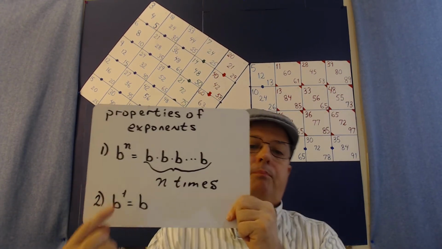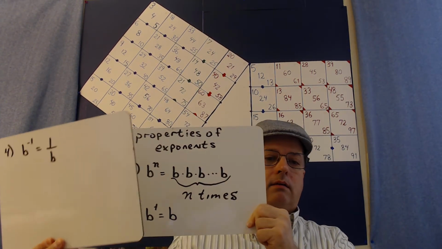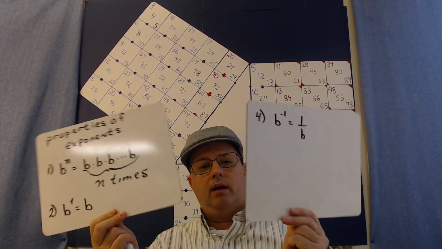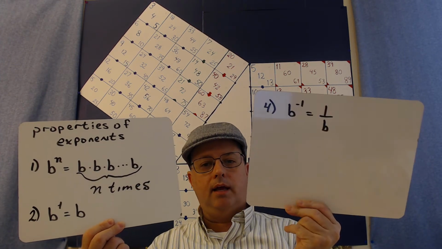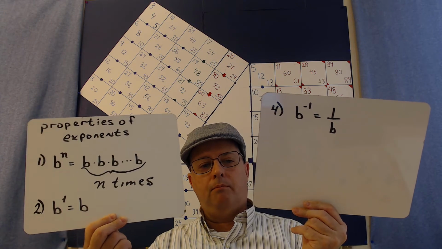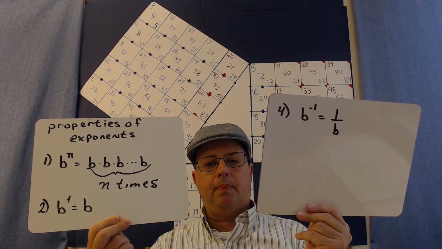So we flipped it, and then we can multiply. Now we can say that b to the negative 1 is 1 over b. So b to the first is b, and b to the negative 1 power is 1 over b.